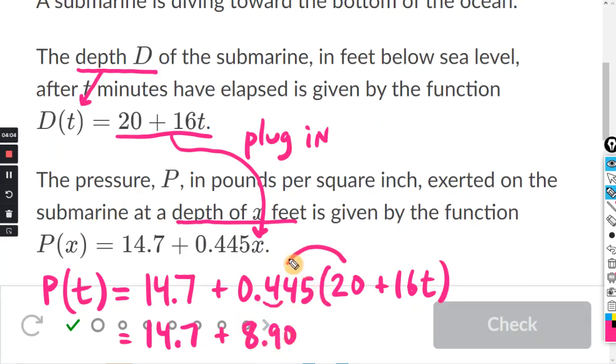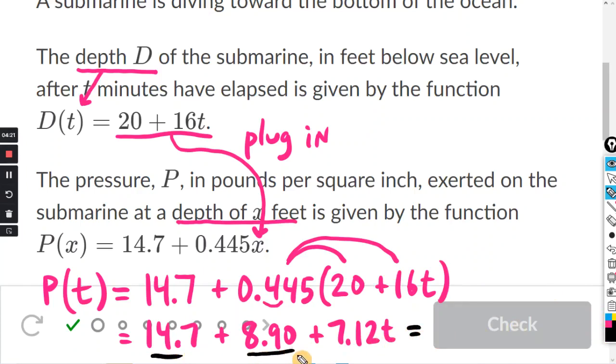And distributing 0.445 times 16t, let me do it on the calculator. All right, I got 7.12t, and now combining like terms, 14.7 plus 8.9.